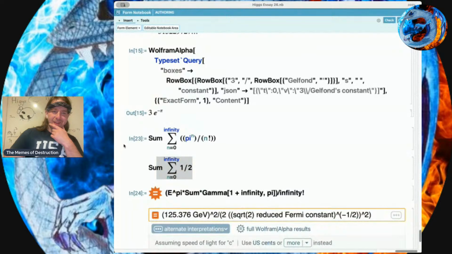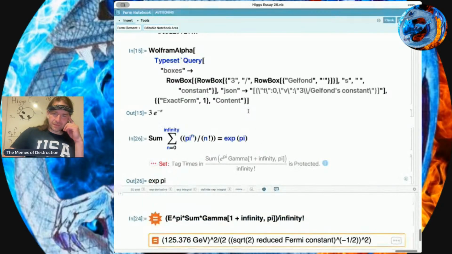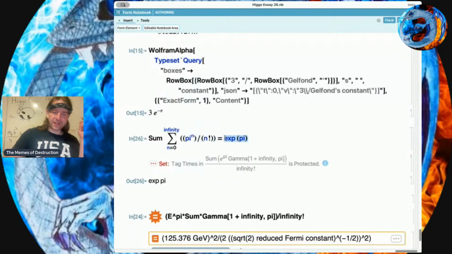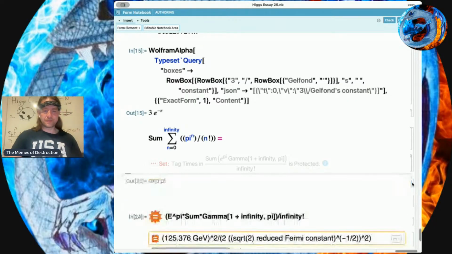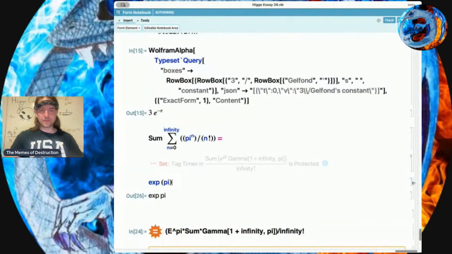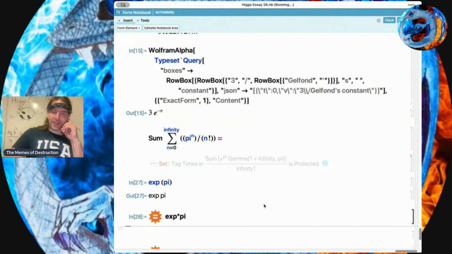0 to infinity. Is it doing it wrong? Must be the exponentiation of pi. Should literally just be this. This could just literally eat the pi. Oh, that should work.